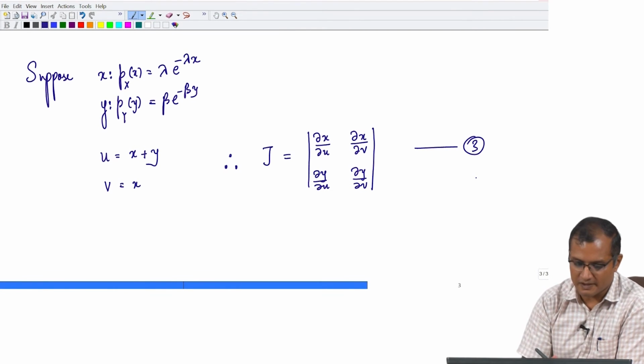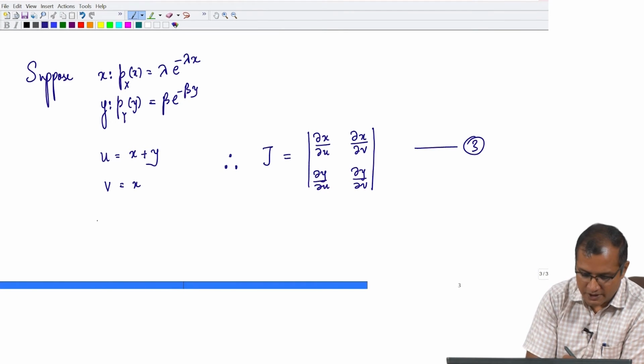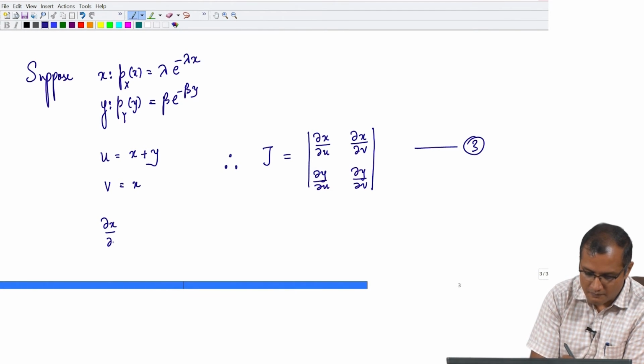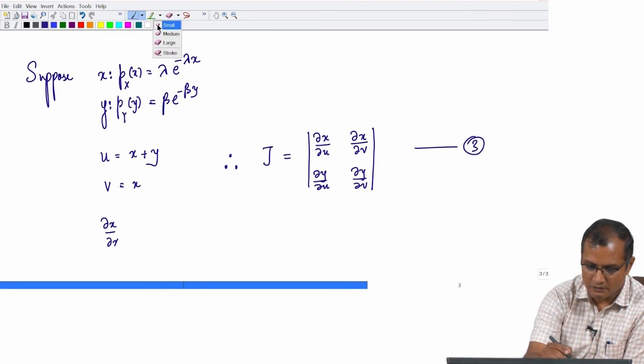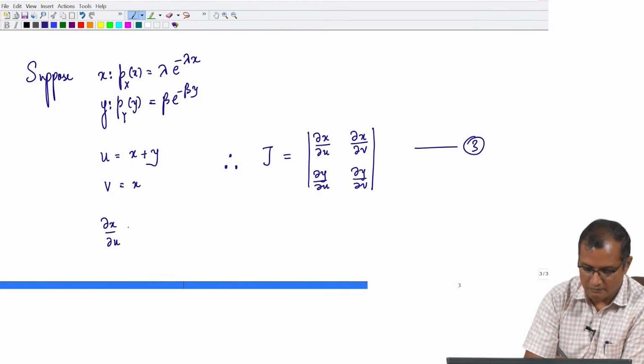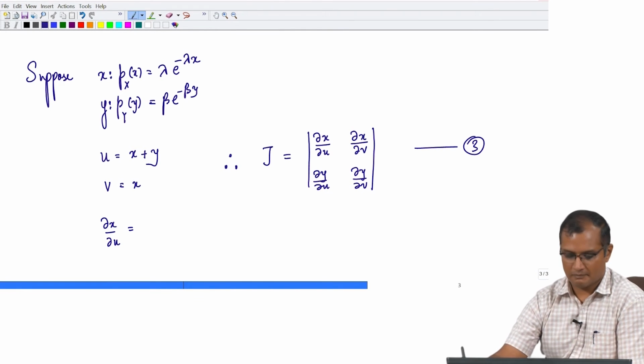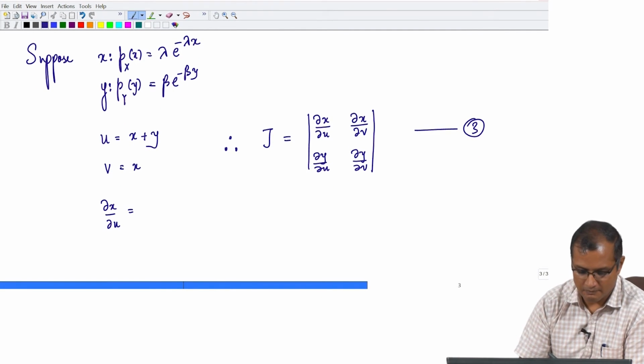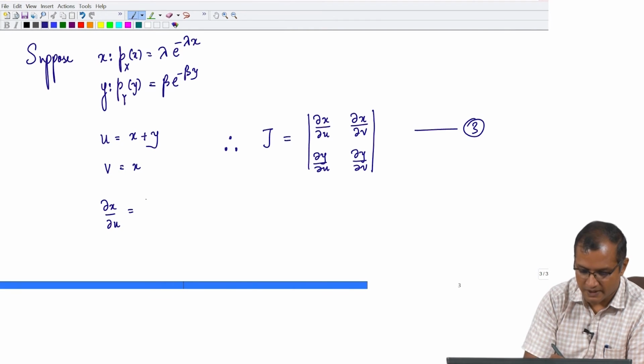So, compute all these derivatives. dx over du, simply d over du of x, which can be written as u minus y.